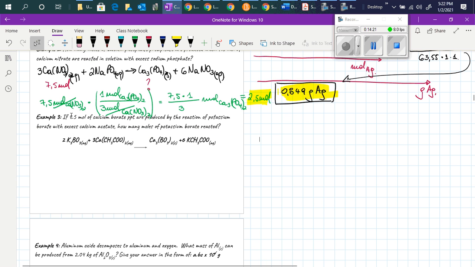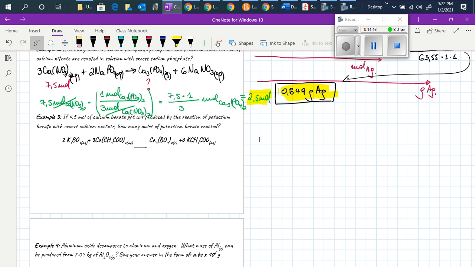Okay, now if 4.5 moles of calcium borate are produced by the reaction of potassium borate with excess calcium acetate, how many moles of potassium borate are reacting?